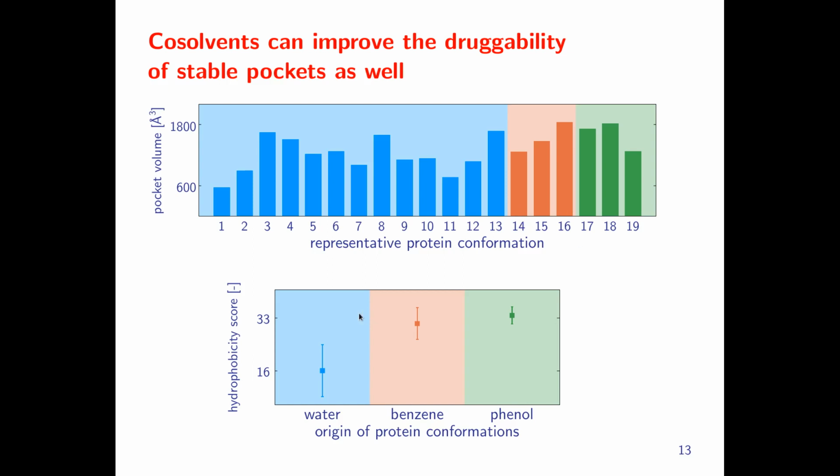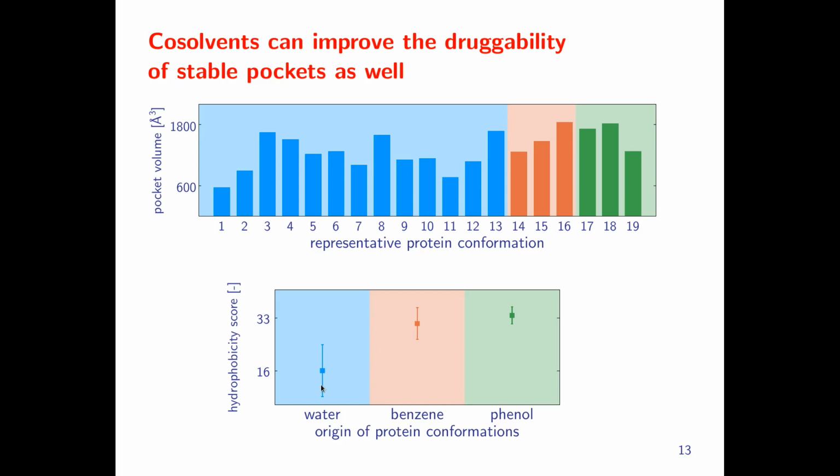To further evidence this, we have calculated the hydrophobicity score of this pocket for the different trajectories. This hydrophobicity score aims to quantify the druggability of binding sites based on the hydrophobicity and orientation of the surrounding protein residues. It can be seen here that this score is almost twice as high for the benzene and phenol conformations as it is for the water.